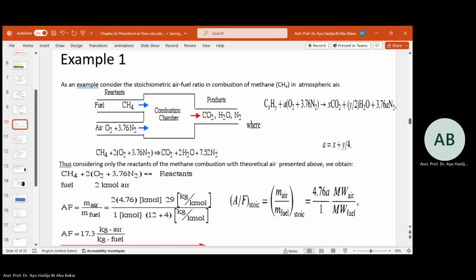Okay. Now we go to the example. Consider the stoic air-fuel ratio in combustion of methane in atmospheric air. Okay, methane. So the fuel here is methane. This is the combustion chamber. Then we have fuel and air. Are you familiar with the process flow diagram?